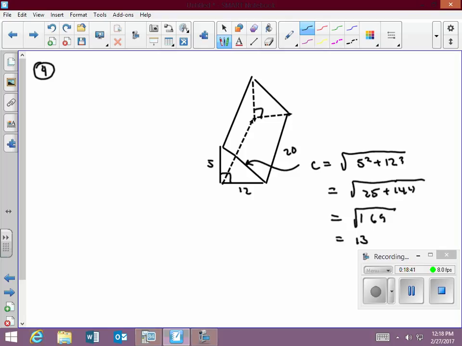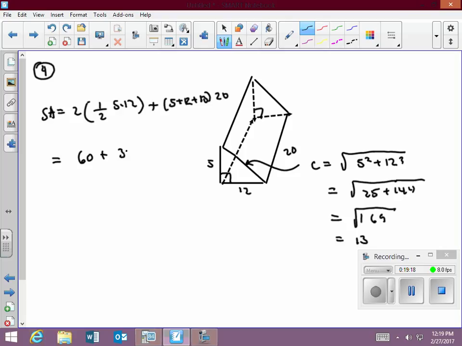So now the surface area is going to be 2 times the area of the base, which is 1/2 times 5 times 12, plus the perimeter, which is 5 plus 12 plus 13, times the height, which is 20. So this is 60.